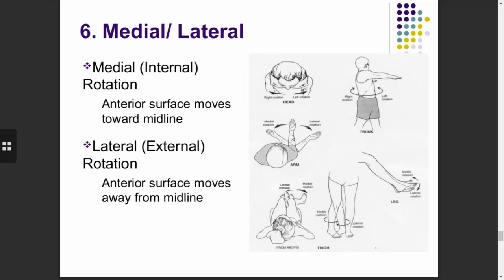And lateral rotation is the anterior surface moving away from the midline, like this one. Going there, this is the lateral rotation. This is the medial rotation, because we are at the knee joint. If you laterally rotate, the knee will be displaced away from the midline structures.